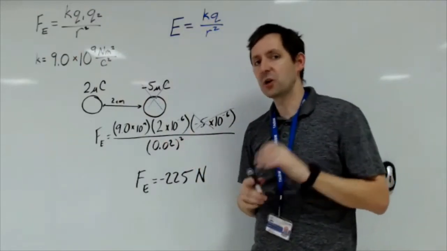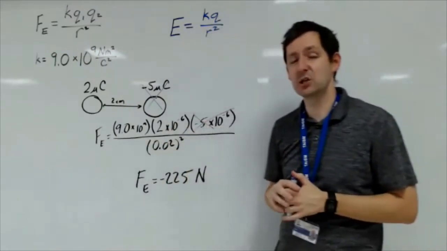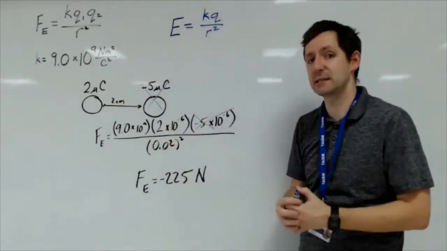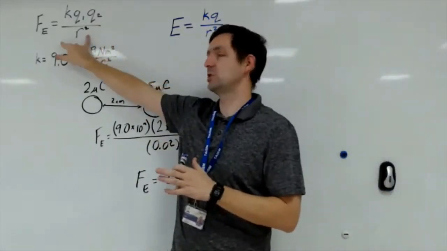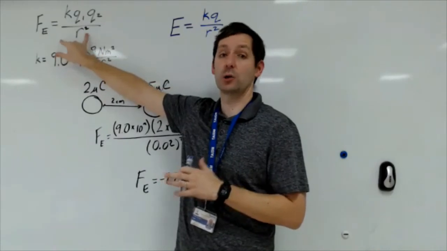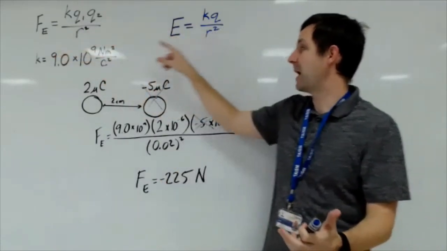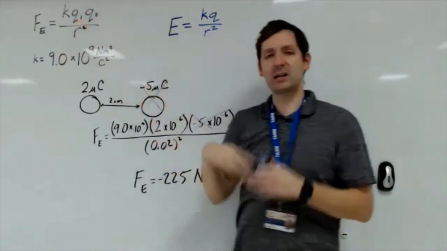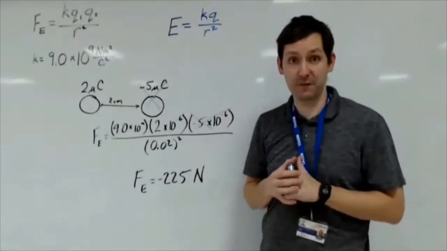All right? So the connection I want you to make is that this is very similar to the gravitational fields. We're talking about an electrical force, which is kQ1Q2 over r squared, which we showed in the lab. We can get the field by dividing by that extra charge, and we can calculate the strength of the electrical field.